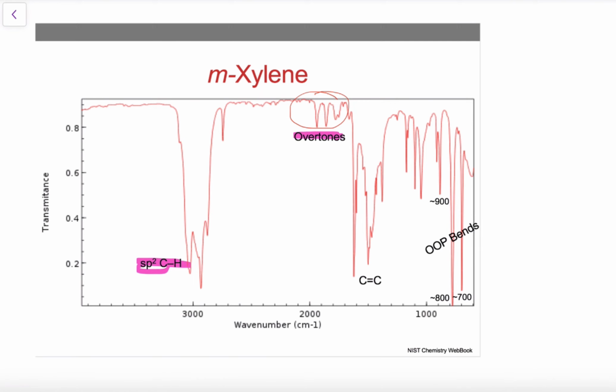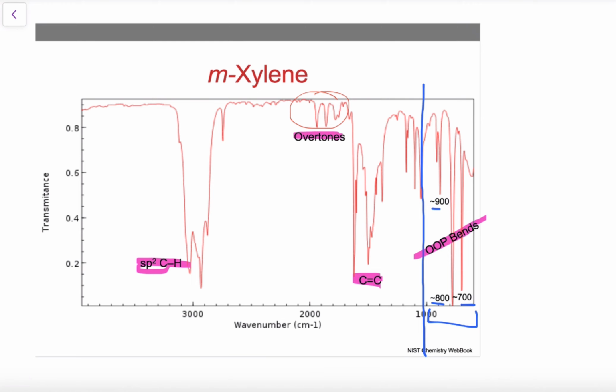We also have our carbon-carbon double bond stretch, and then we have our OOP bends in the fingerprint region. So whenever we're looking at the fingerprint region to determine the substitution, it's typically going to be to the right of 1000. We're going to be looking at these peaks over here. Okay, and I identified them as around 900, 800, and 700.